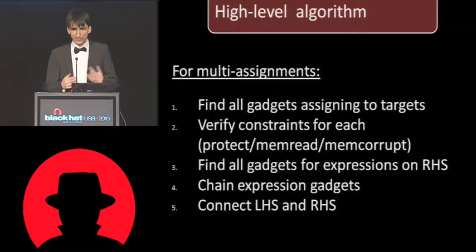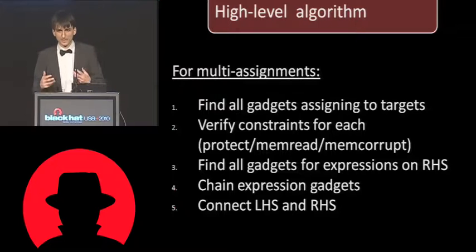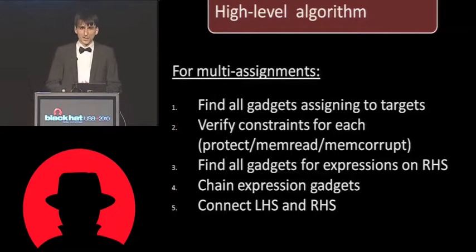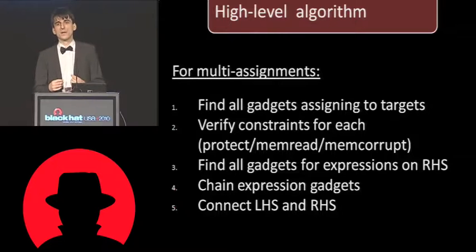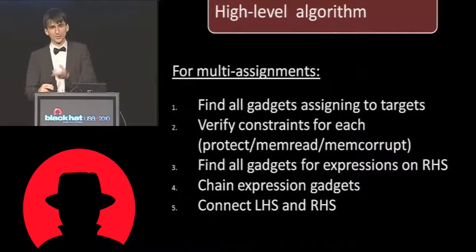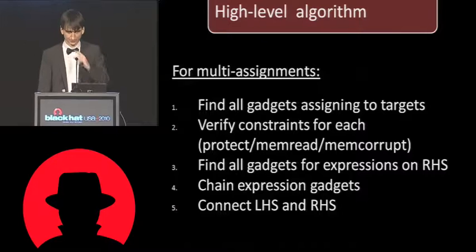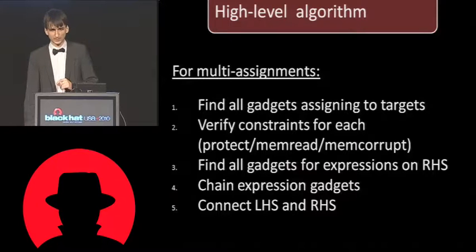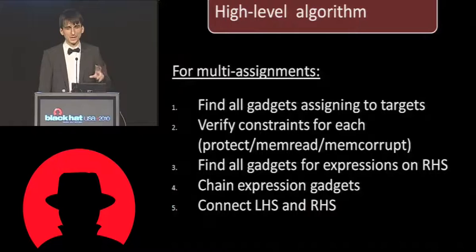Now, you may ask yourself, why do we have this multi-assignment? The reason for that is that we wanted the compiler to have flexibility. So what actually happens is that you can perform these multi-assignments in different orders, and the order is randomly chosen.